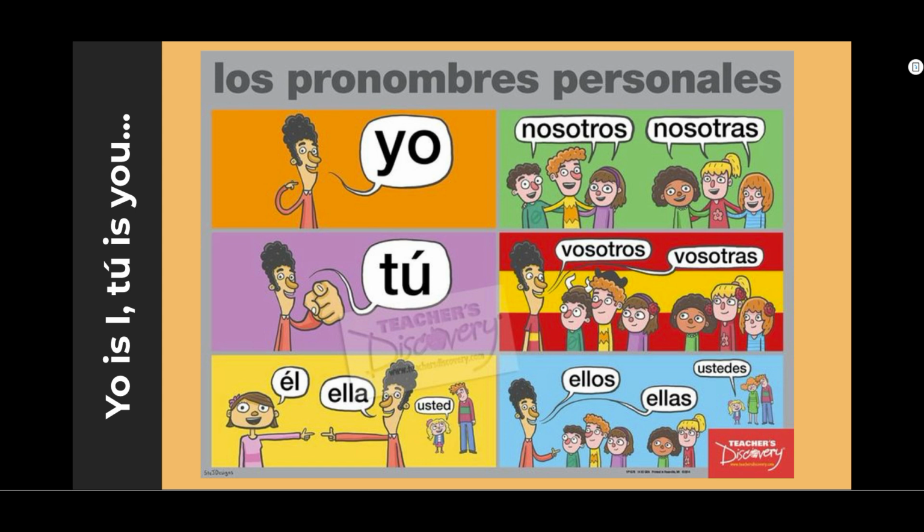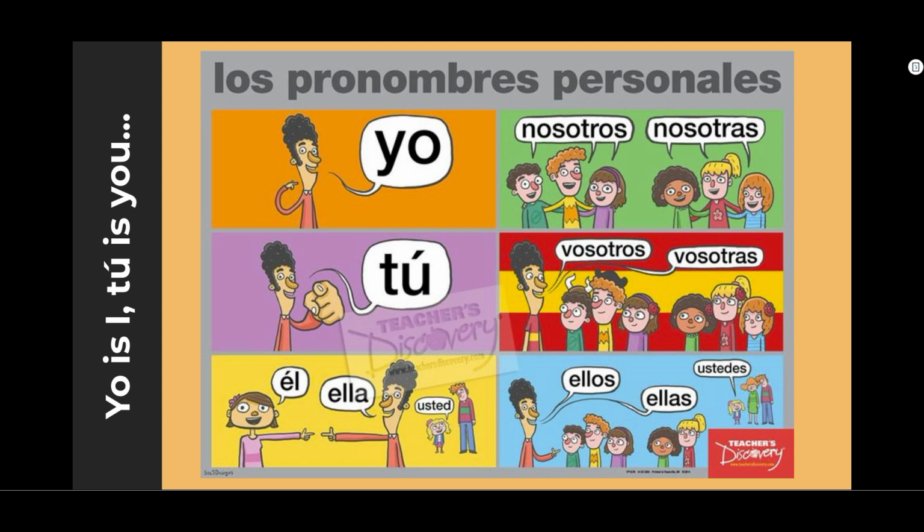Groups that I am a part of and groups that I am not. Clearly, groups that I am a part of, we are like way cooler than those other groups because hello, have you seen how cool I am? Yo, yo, yo, numero uno. And that's why if I'm part of the group, I just slide from the singular to the plural. And there we go. That's we. Nosotros, or if it's a group of all girls, nosotras.